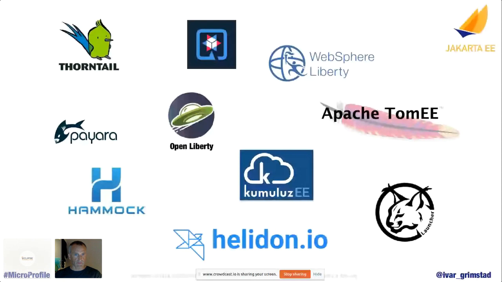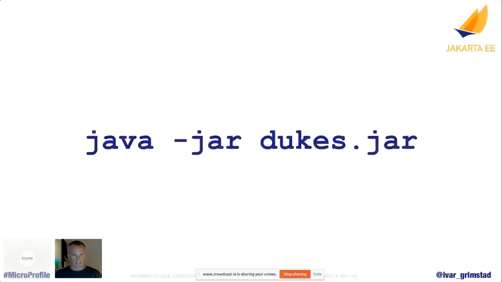One of the things that MicroProfile also gives us is the possibility of running our applications from the command line using java -jar and then our fat jar. This is familiar from people who use Spring Boot or other fat jar or uber-jar packaging mechanisms.